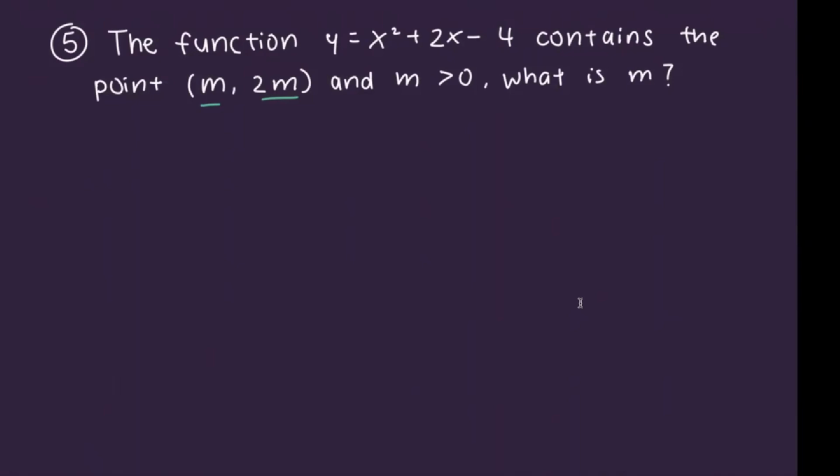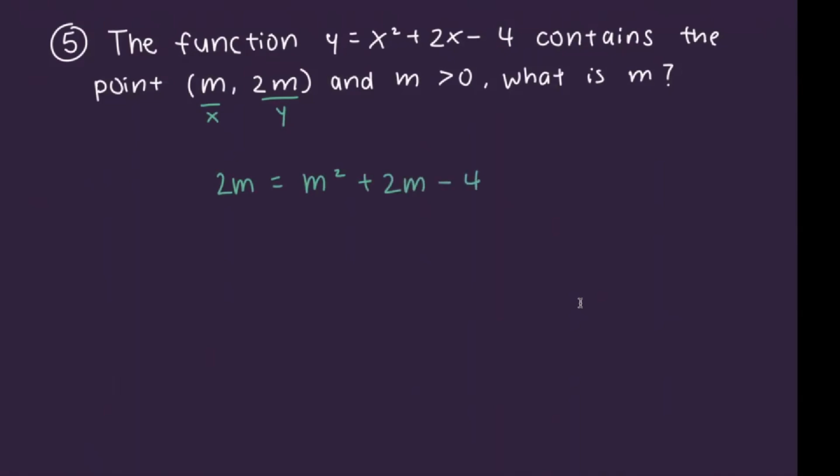And so the question gave us a point on the graph, so let's plug that into our function. This is our y and this is our x. So y is 2m equals x, which is m squared, plus 2m minus 4.